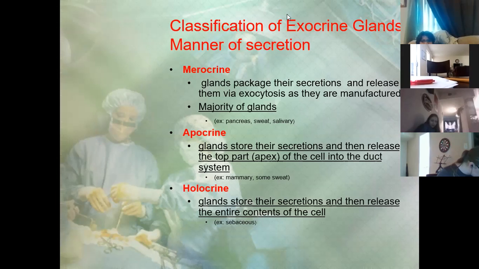Then I have a gland where the top part of the cell is released, and that's what transports whatever the gland is making. And then I have a third where the entire cell is released and transports whatever I'm making. Merocrine, apocrine, and holocrine. So let me give you some ways to remember this.